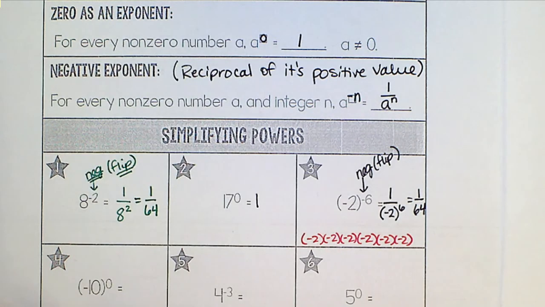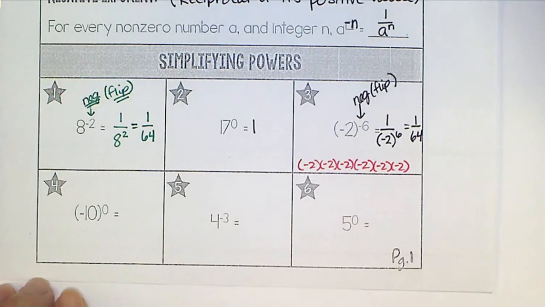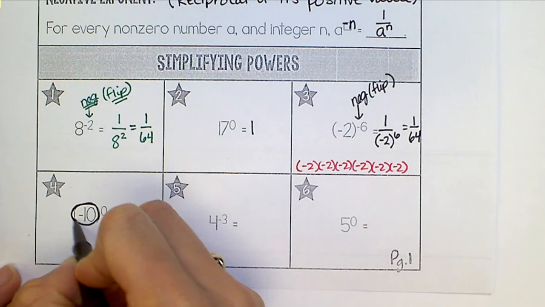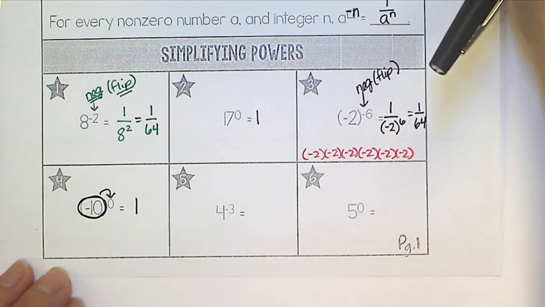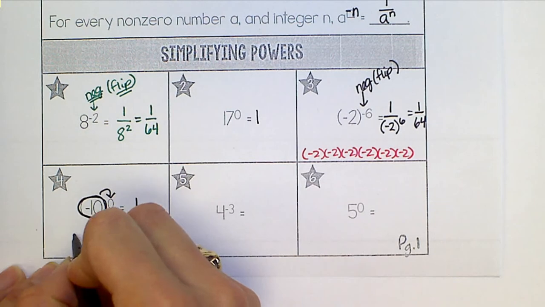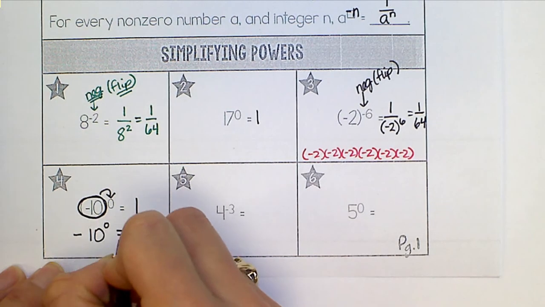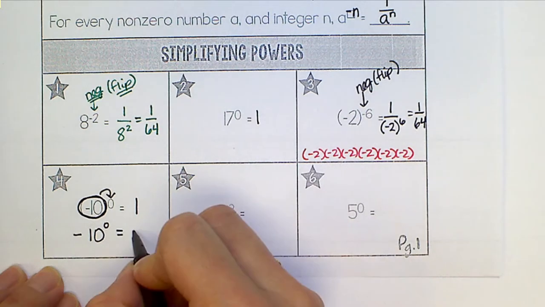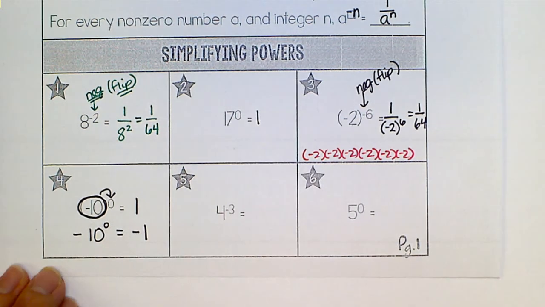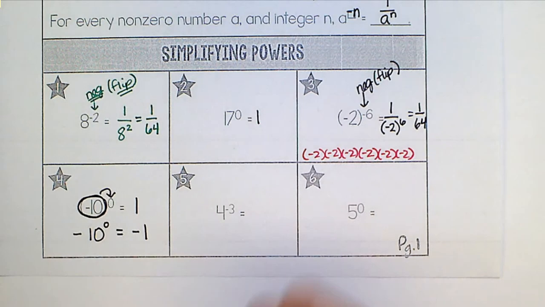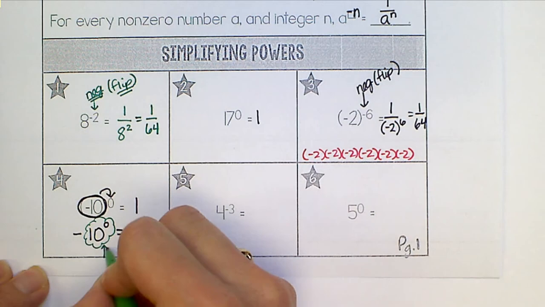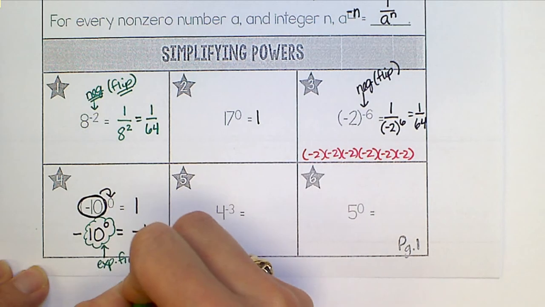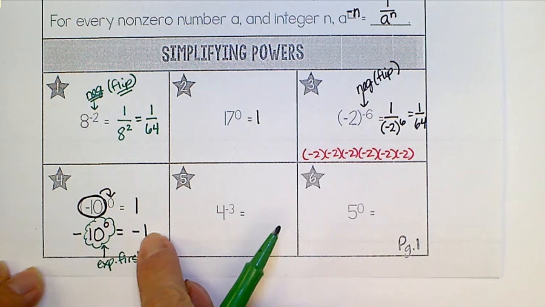Same thing for number 4. Negative 10 to the 0 power. That's saying this entire number to the 0 power is 1. Now, going back to parentheses and no parentheses, if this was negative 10 without the parentheses, our answer would actually be negative 1, because order of operations says do exponent first. 10 to the 0 is 1, and then you stick the negative back on.